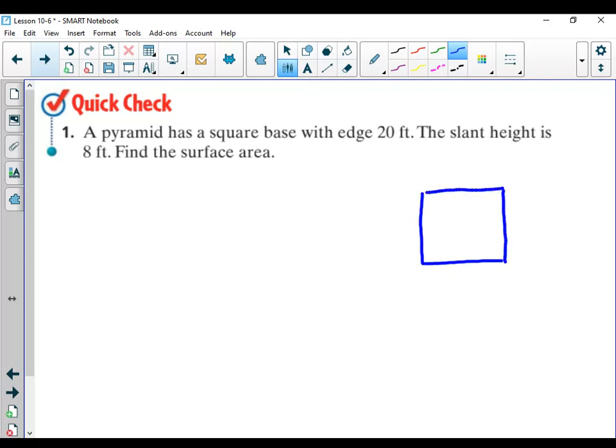If there's no picture, I better draw one. Square base edge of 20. What do we know about a square? They're all the same size.